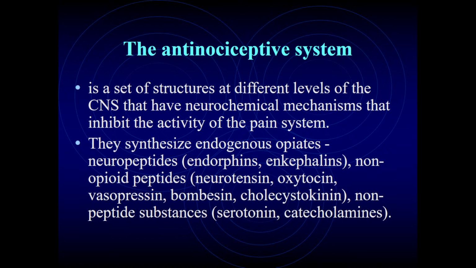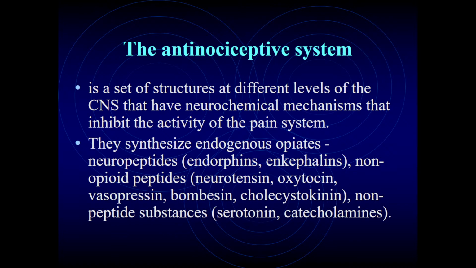They synthesize endogenous opioid neuropeptides, endorphins, and enkephalins. Also, non-opioid peptides like neurotensin, oxytocin, vasopressin, bombesin, cholecystokinin, and non-peptide substances like serotonin, catecholamines.